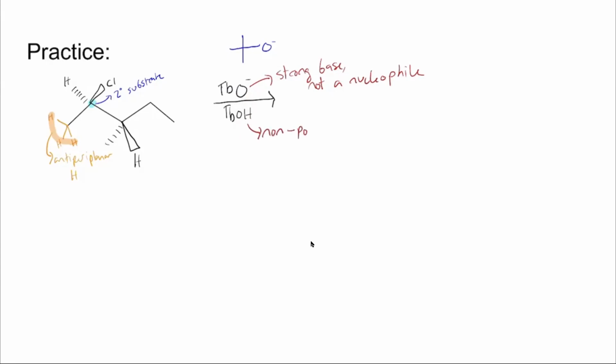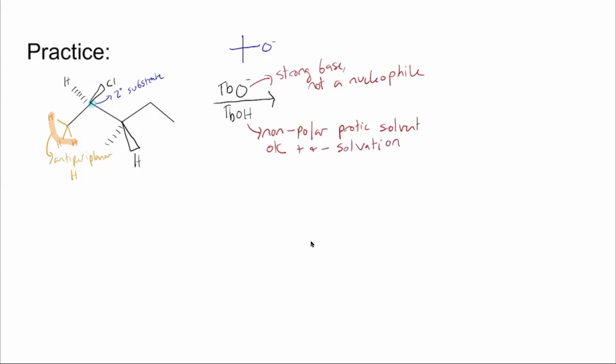And non-polar protic solvents just have okay cation and anion solvation. So similar to a polar protic solvent, but definitely not a strong solvation. So I'll just write that up there.